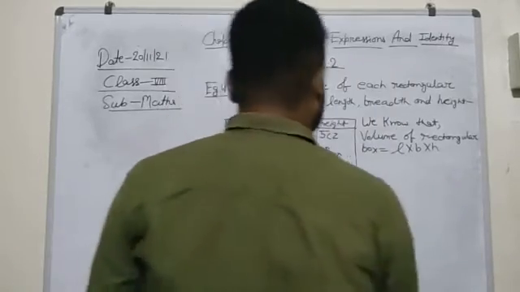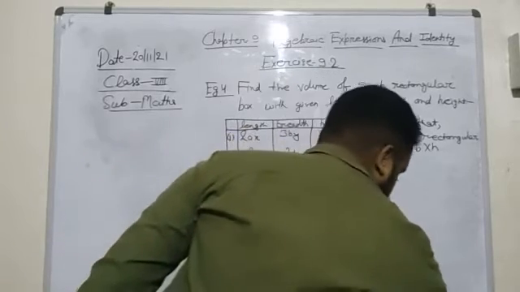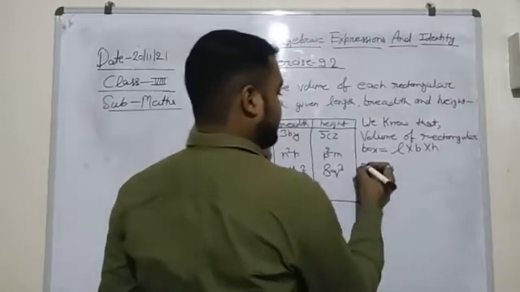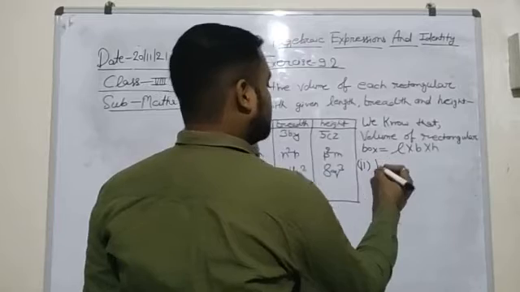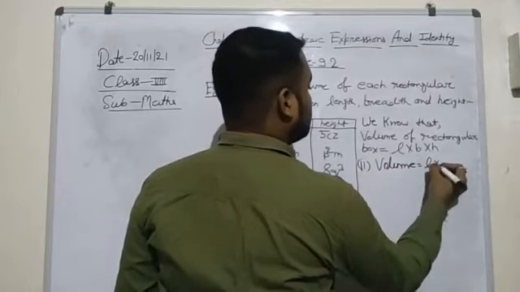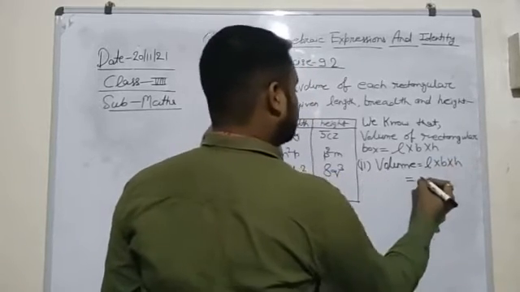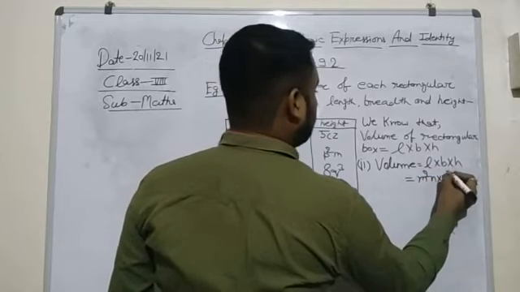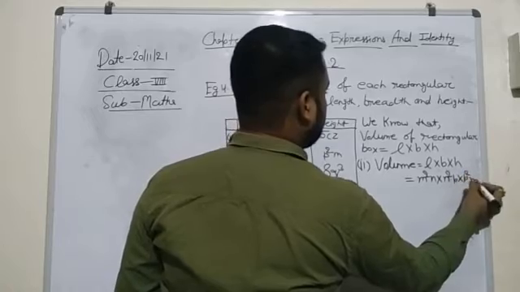Now I am going to solve the second example also. Volume is equal to length into breadth into height, and here the length is m square, breadth is n square p and height is p square m.